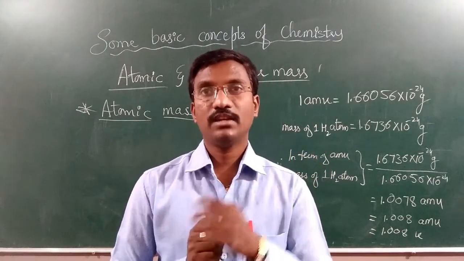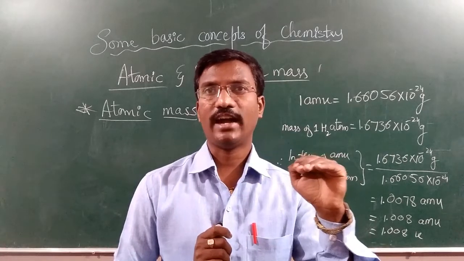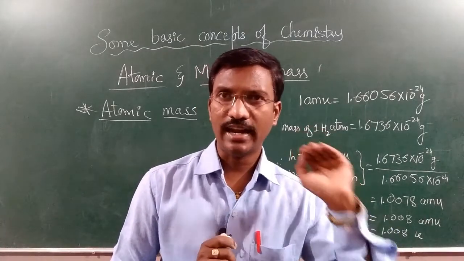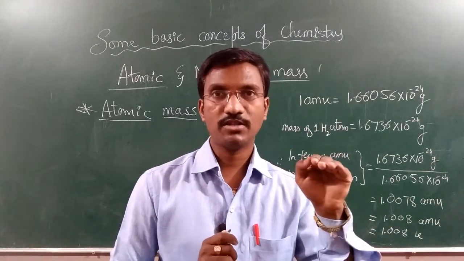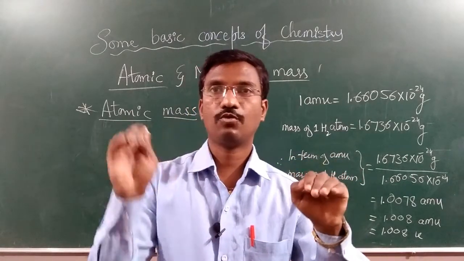At that time they decided to take masses relative to the lightest atom. Hydrogen being the lightest atom, they considered it as 1, and with respect to that others were named 2, 3, 4, 5 like that.